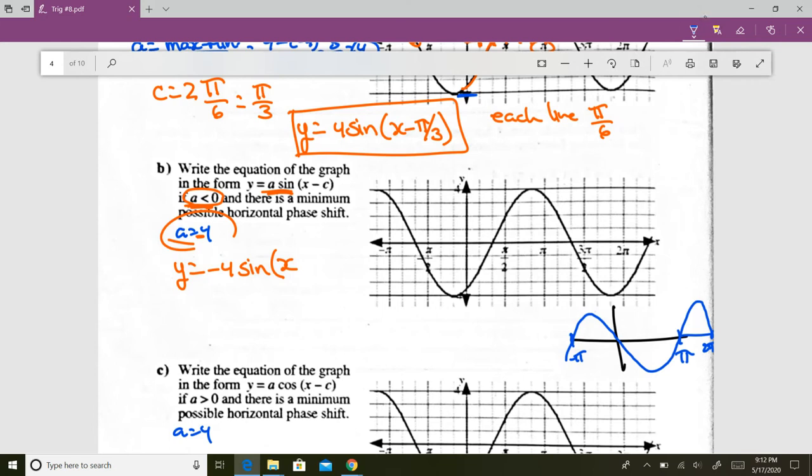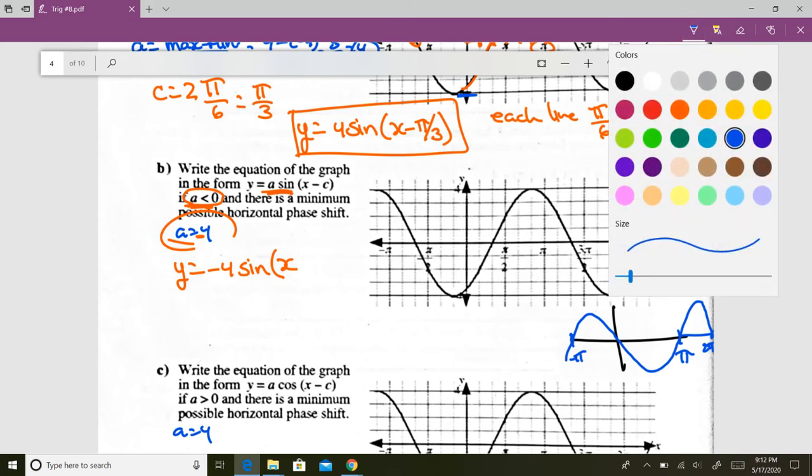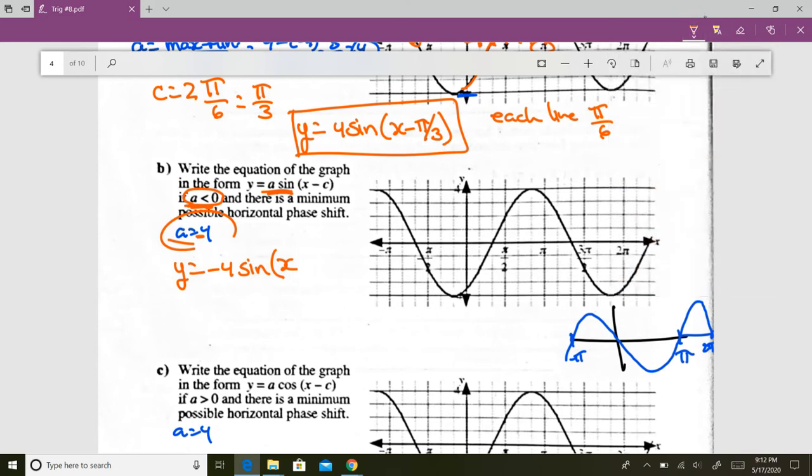All you care about is this origin here. And the graph is falling now through the origin, which is halfway between 1 and negative 1, the midline. This is negative sine of x. So if we're going to make our a value negative 4, you go to the origin and you find the closest line that is falling.